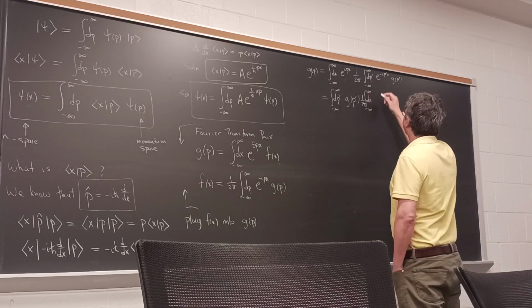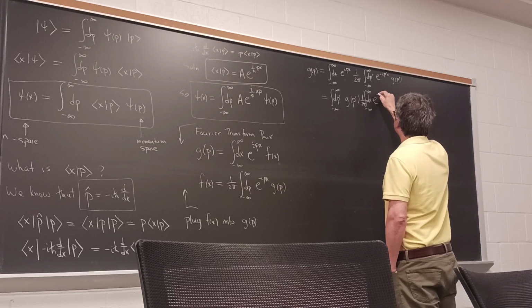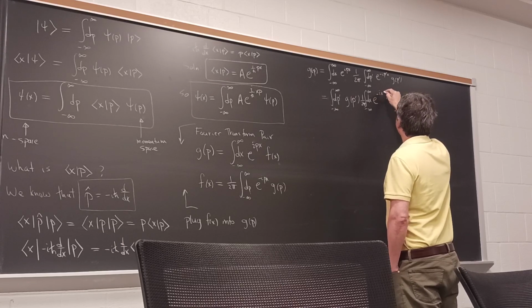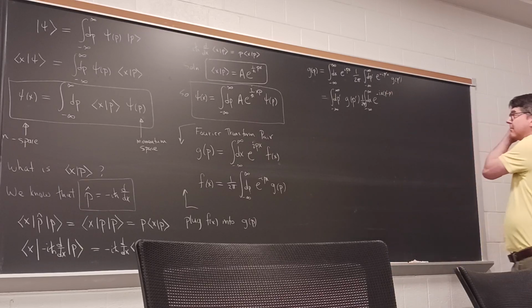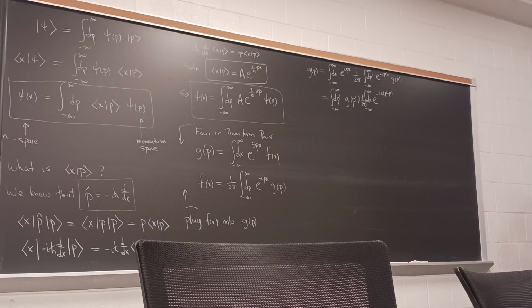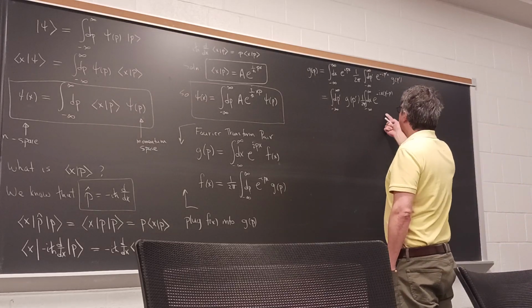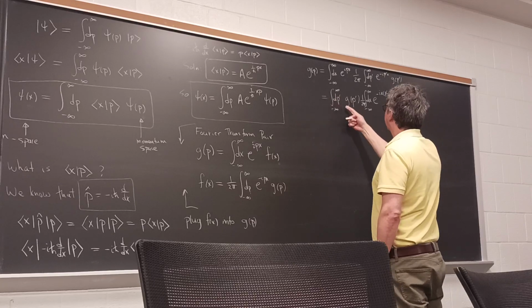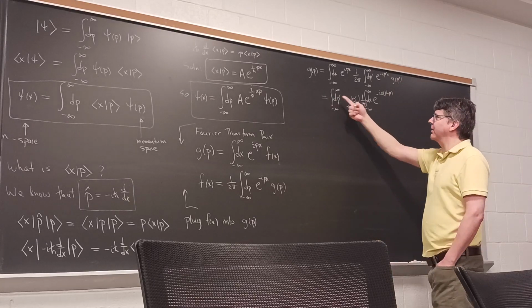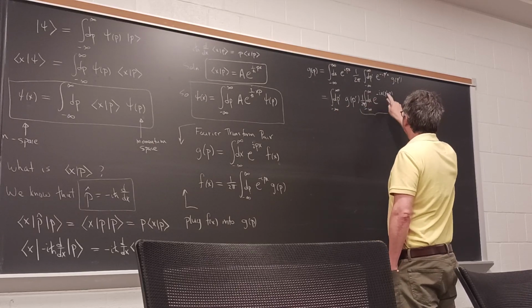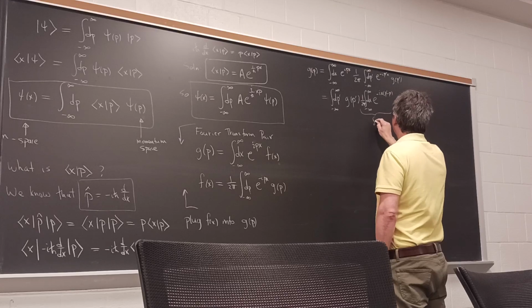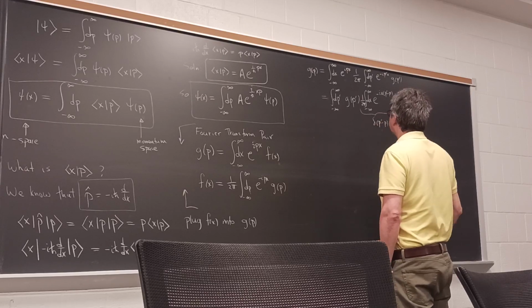And then I will collect my exponential, and this is e to the minus i x (p prime minus p). Okay, so if this integral over dp prime is to act on g of p prime and give g of p, then everything here in this integral must be equal to delta of p prime minus p.